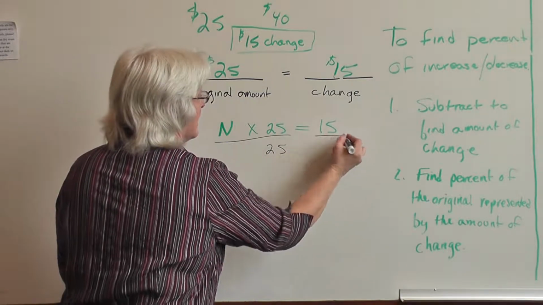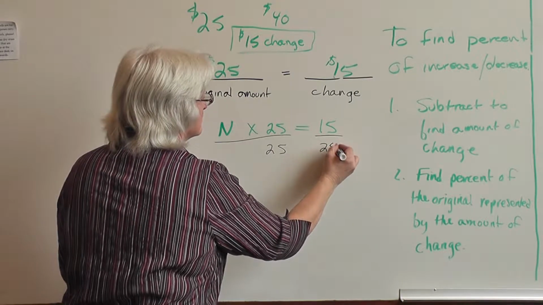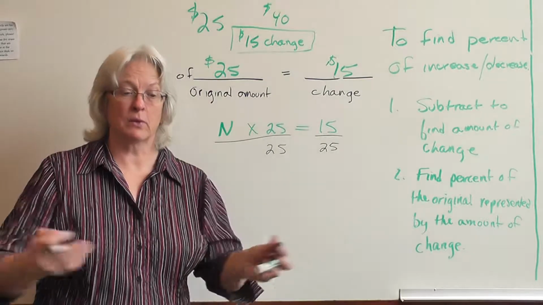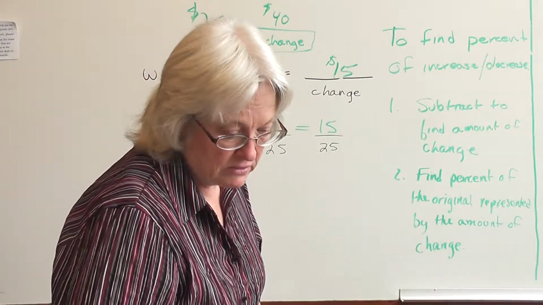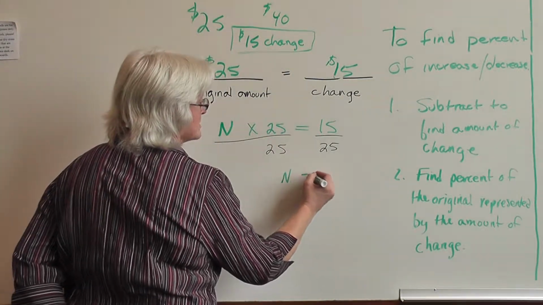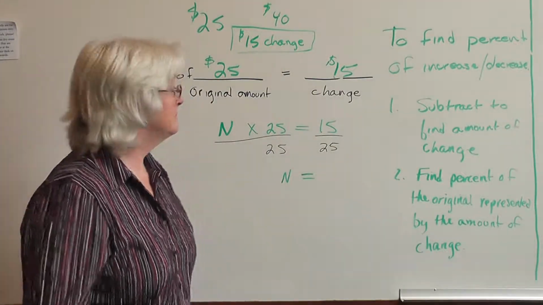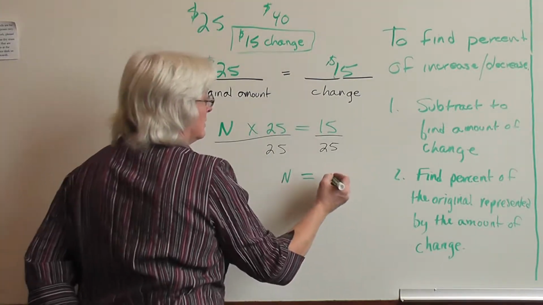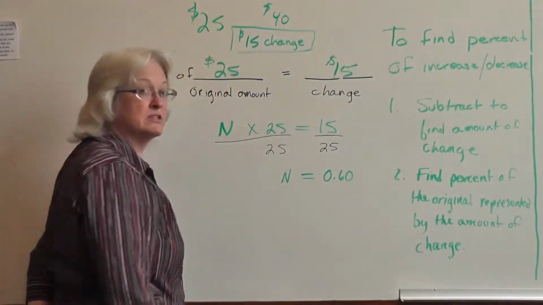So we divide both sides of the equation by 25 because that's how we're going to keep our equation in balance. When you do that division off to your side, you have done 15 divided by 25, and you end up with 0.60.